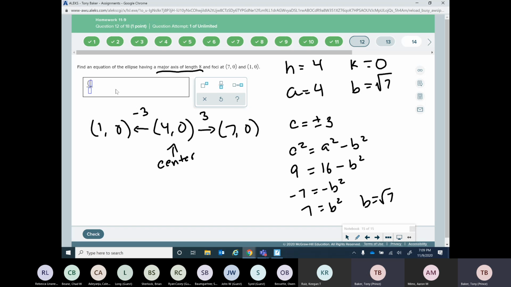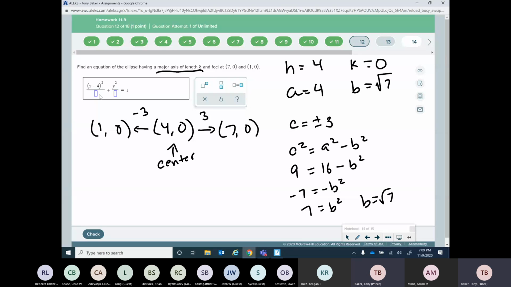Now, where's the A going? Is the A going to go under the X or the Y? The way you can figure that out is which value changed in the foci.